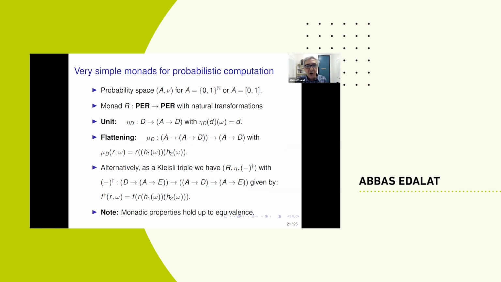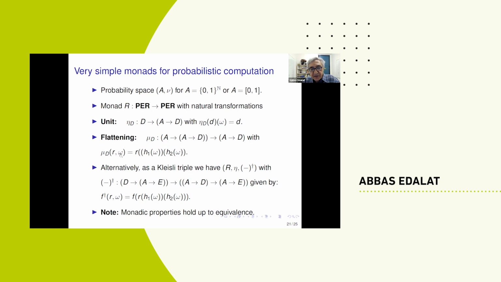So now I'm going to come to the monad for probabilistic computation. The functor R from the pair category to itself has natural transformations, unit and flattening. These are very, very simple. The unit takes an element D in the Scott domain D, and just returns the constant map that takes any omega to D. And the flattening operator, mu of D, is also very simple.